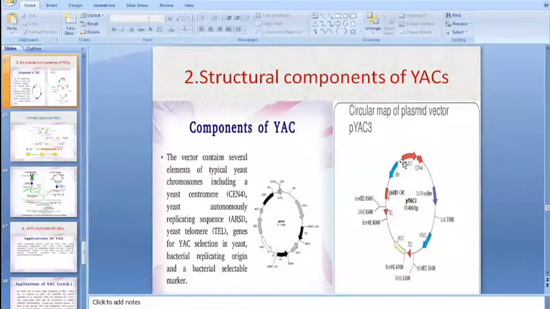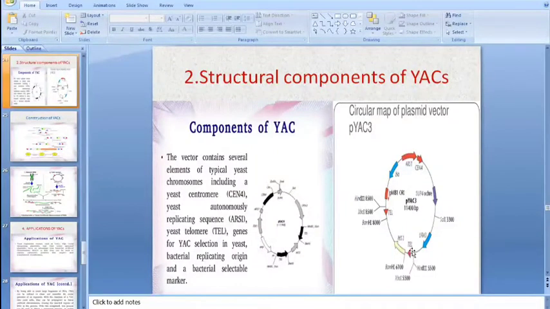And the third part is the yeast TEL, which means telomere. Telomere is a part of the chromosome, the sequence at the chromosome end. So it will convert the circular plasmid into a linear plasmid.